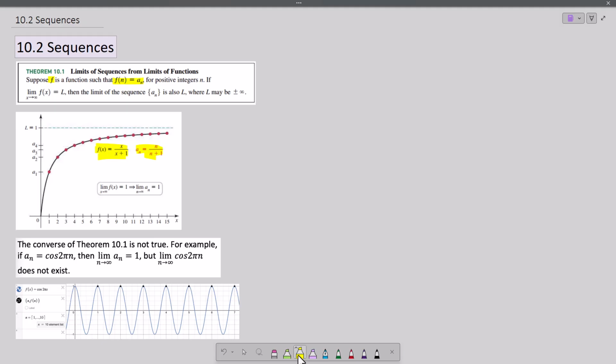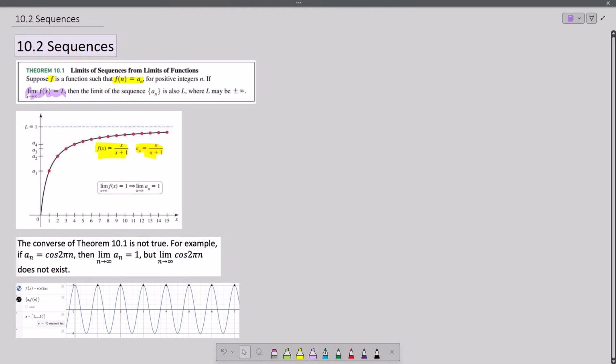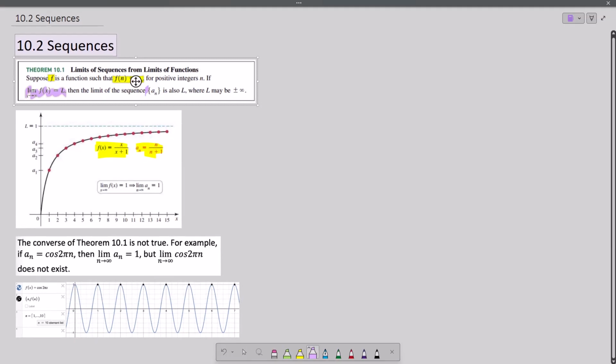Our theorem says that if the function f of x converges to L, then the limit of the sequence is also L. If the function had a limit of plus infinity or minus infinity, the sequence would also.